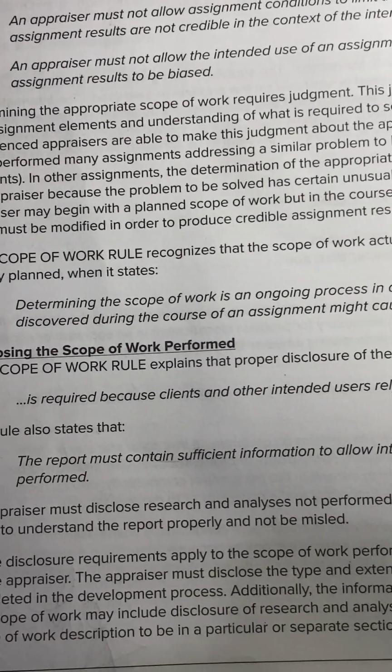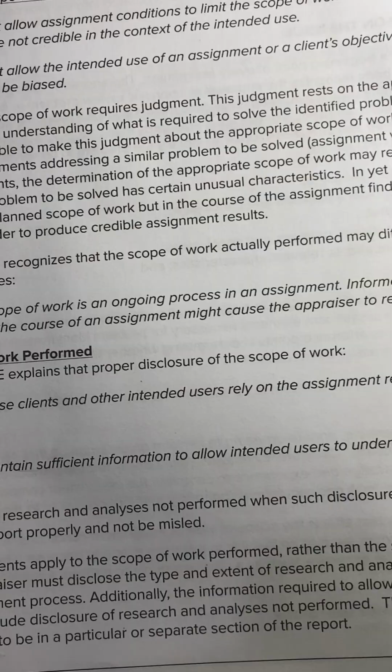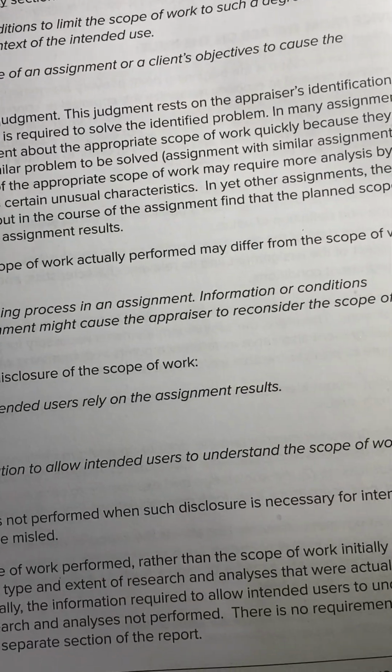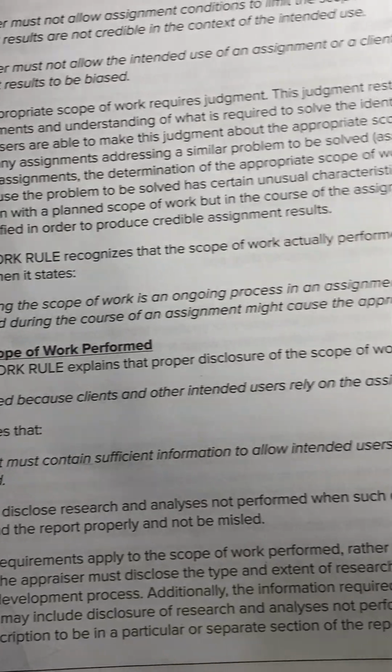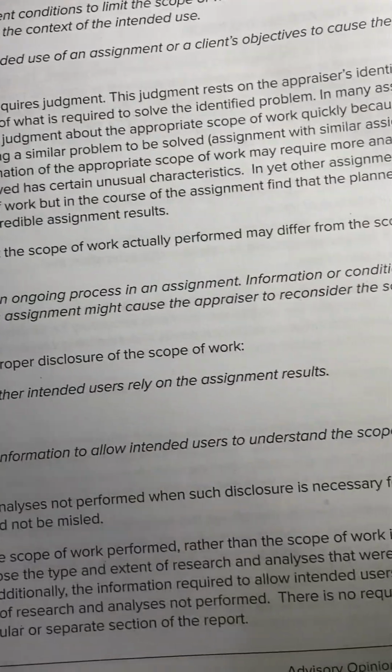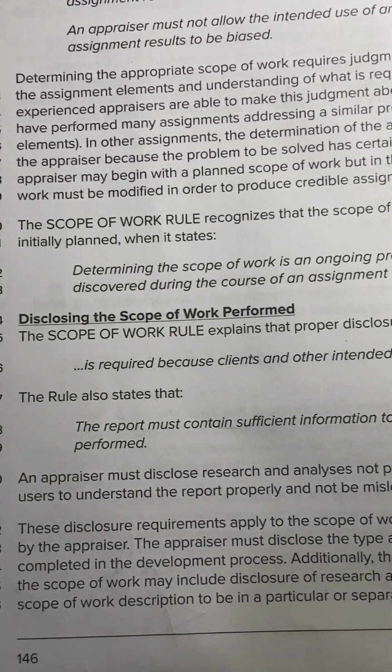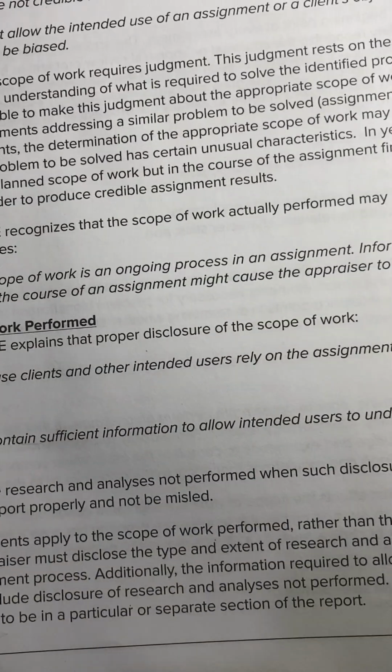These disclosure requirements apply to the scope of work performed rather than the scope of work initially planned by the appraiser. The appraiser must disclose the type and extent of research and analysis that were actually completed in the development process.